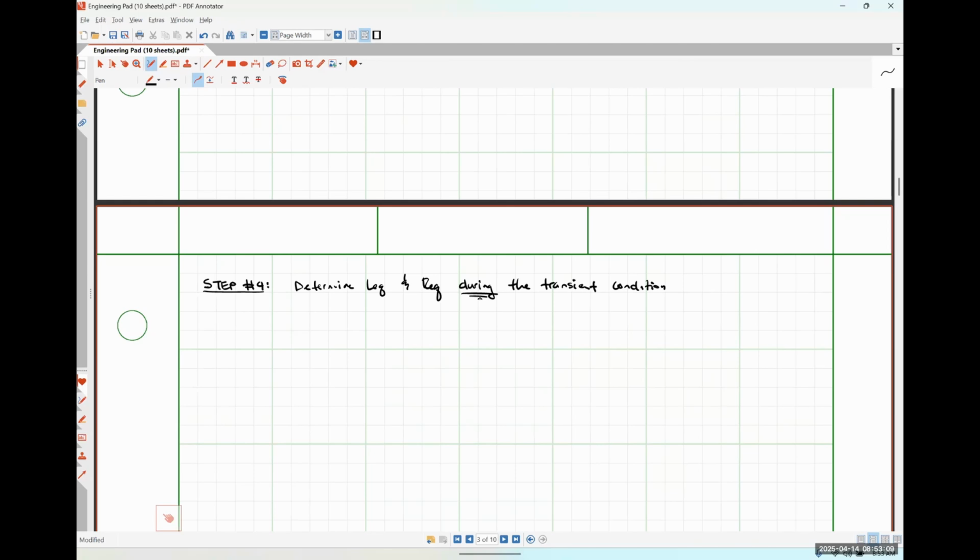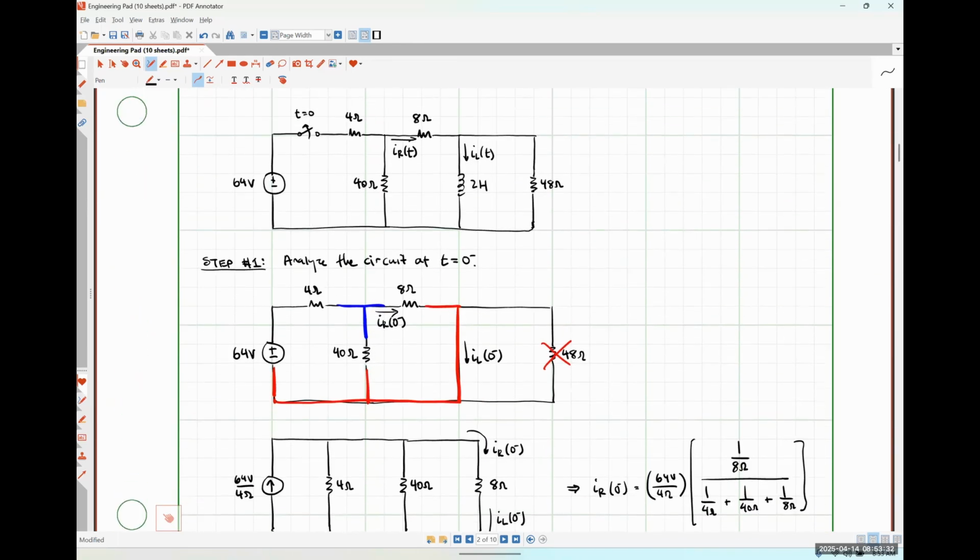So in this particular example, we only had one inductor. So I believe it should be pretty easy for us to figure out what LEQ is. It's the value of the only inductor in the circuit, right? So we could say that LEQ is, I believe, 2 henries if my memory serves me correctly.